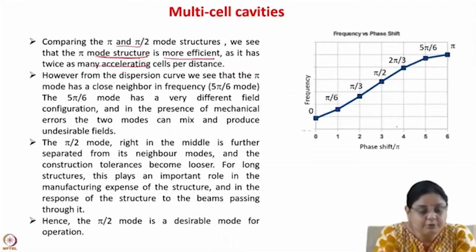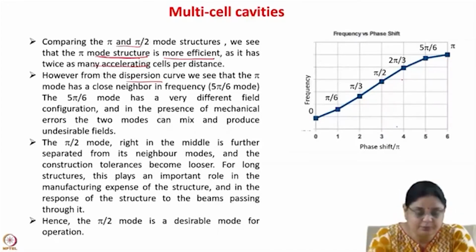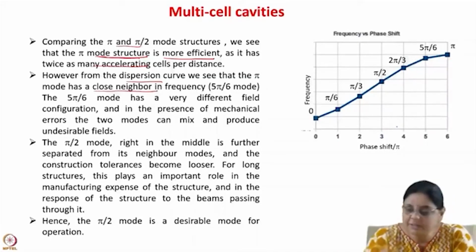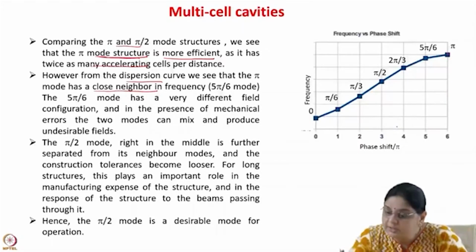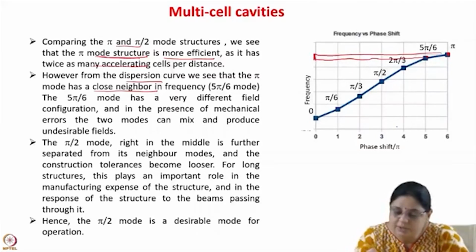However, if you see the dispersion curve, this is the dispersion curve for the 7-cell structure. We see that the pi mode has a close neighbor in frequency, the 5 pi by 6 mode. Now if you see this mode here and this mode here, the separation in frequency, delta omega, is very small.